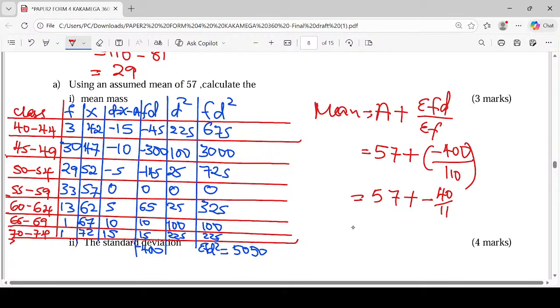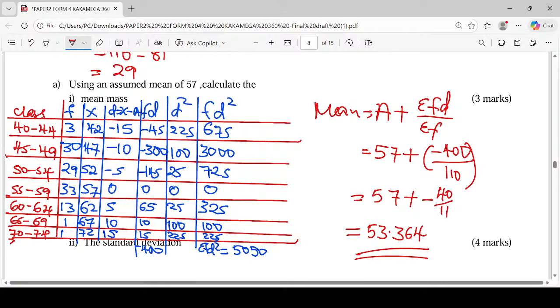So when you add it to 57, you are going to get your answer, 53.364. So that is the mean mass. And that is how you calculate the mean using assumed mean.